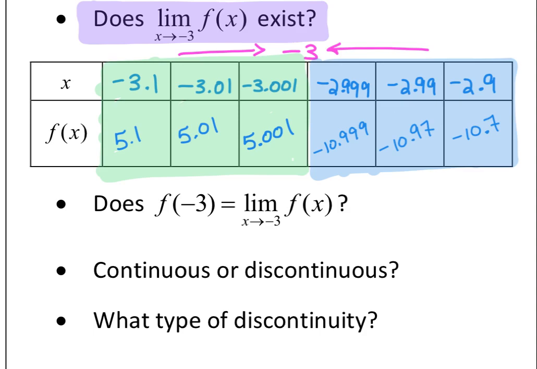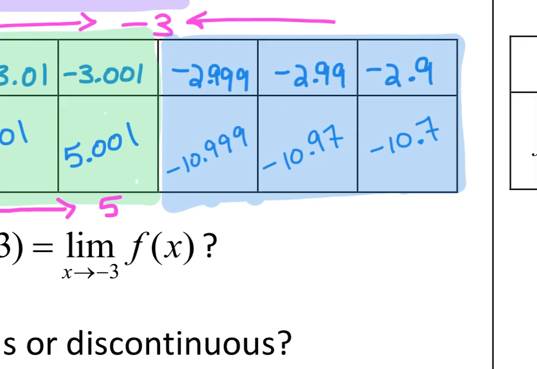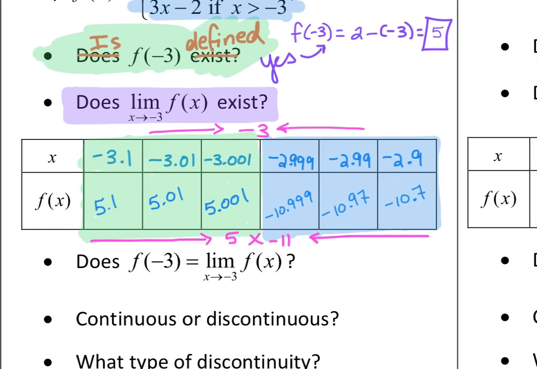As x approaches -3 from the left, you should see that the y values are approaching +5. And as x approaches -3 from the right, your y values are approaching -11. And because those two numbers are different, then no, the limit does not exist.